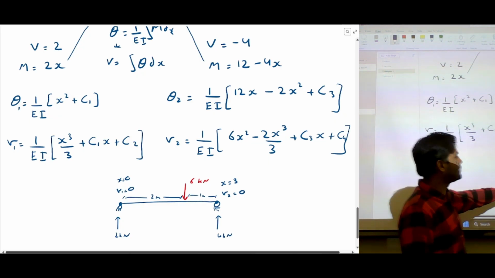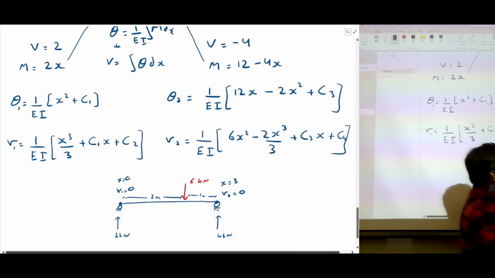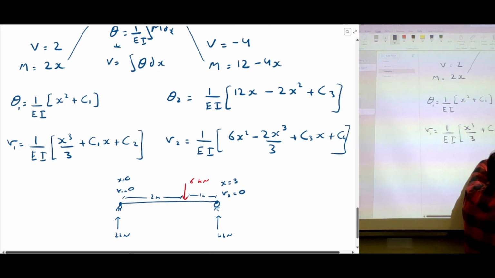So let's try to draw the displacements of this simply supported beam. If there is a load at the top and it's pushing the simply supported beam down, you can imagine what a displacement curve would look like. So this beam will bend something like that, because of this load.